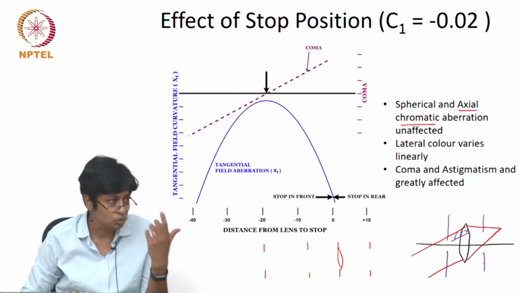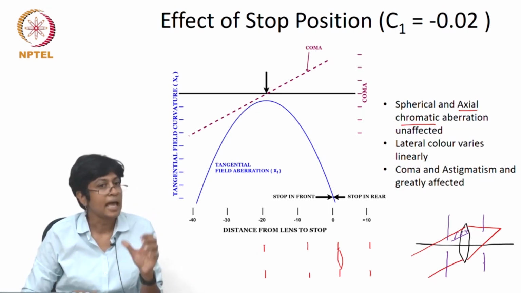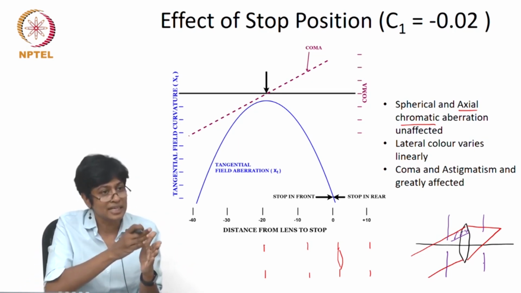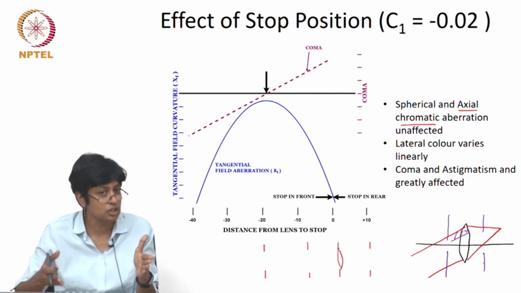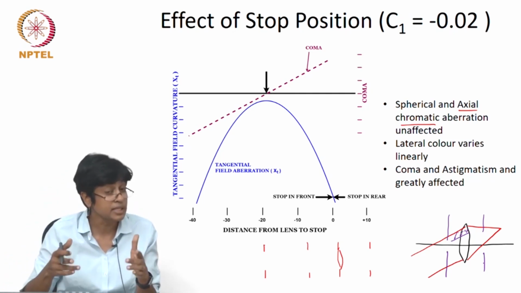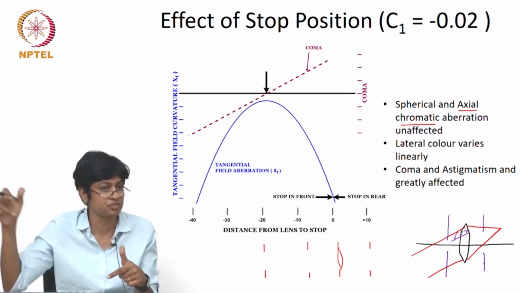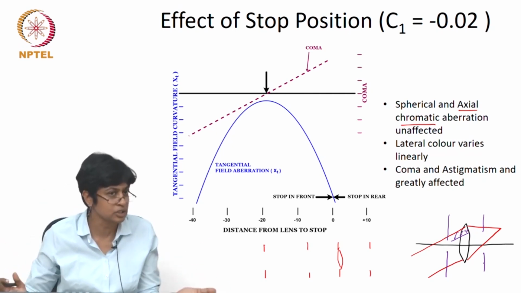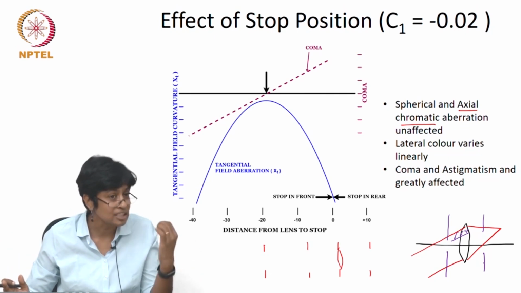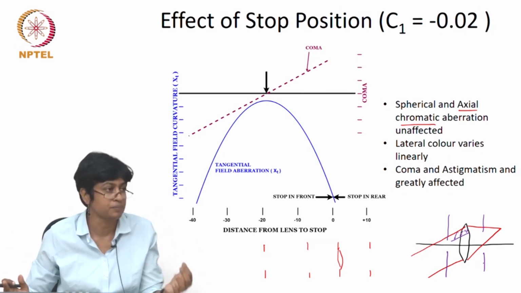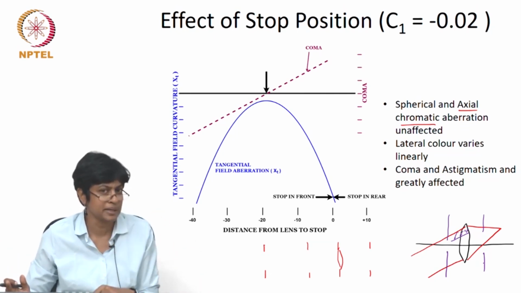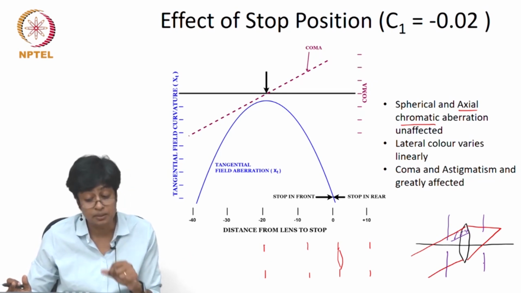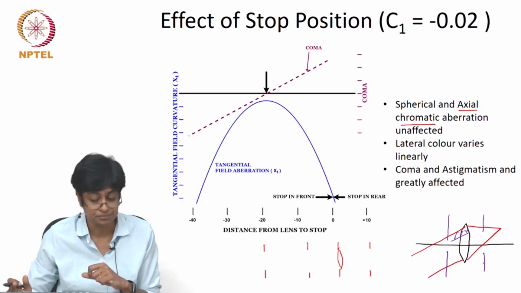If you went to Oslo, set up a system and made your variable thickness the location of the stop, and you said the operand I'm optimizing is spherical aberration, you can optimize all you want. The spherical aberration is not going to be minimized, because that's not the right variable to choose to minimize spherical aberration. But coma and astigmatism will be greatly affected.